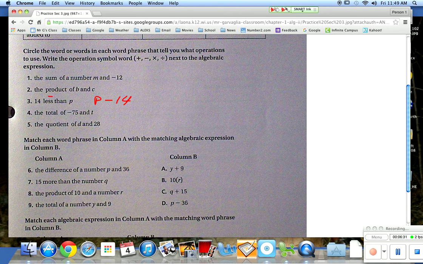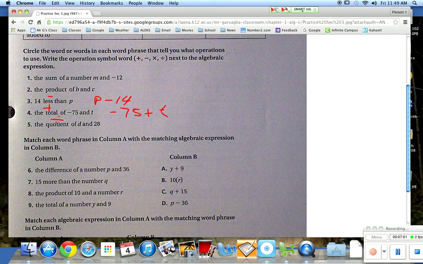This is a minus. What's the total of negative 75 and T? What's the total? Add. We're going to total it up. We're going to add. Negative 75 plus T. The quotient of. Divide. Does it matter which order these two are in? Yes, it does.